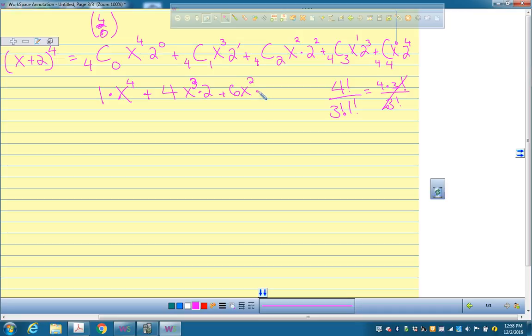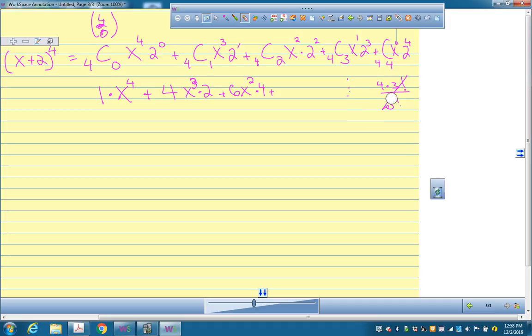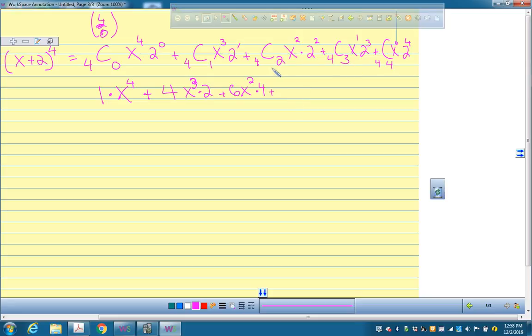I'm going to erase this because it's in the way. Plus, the 4 combination 3 is the same as 4 combination 2. No, is it? No, 4 combination 3 is 4 as well.